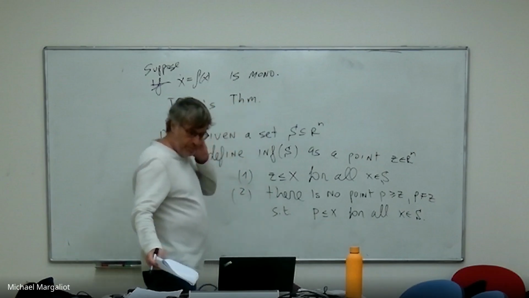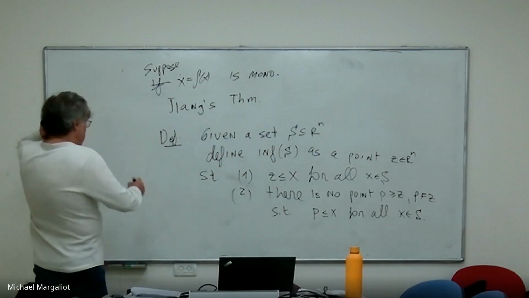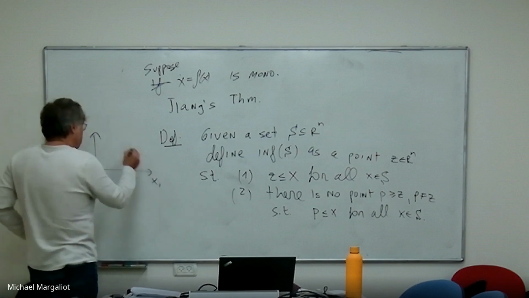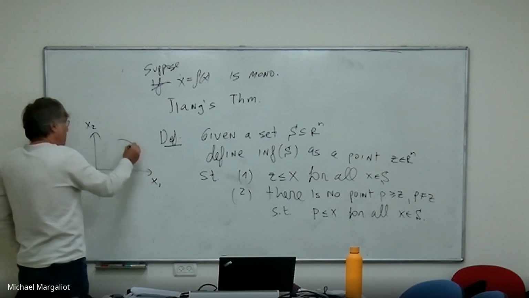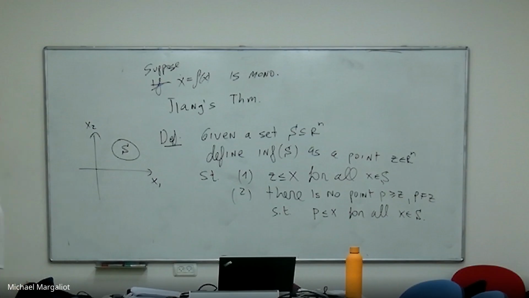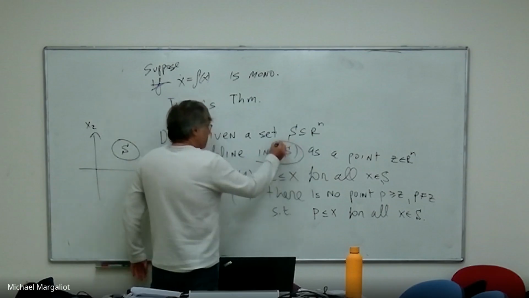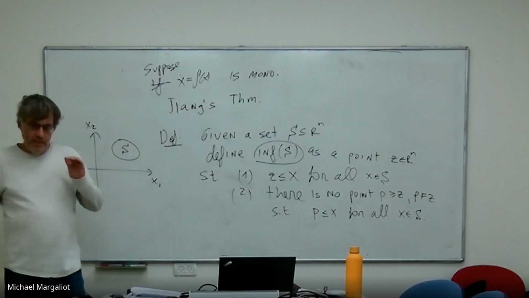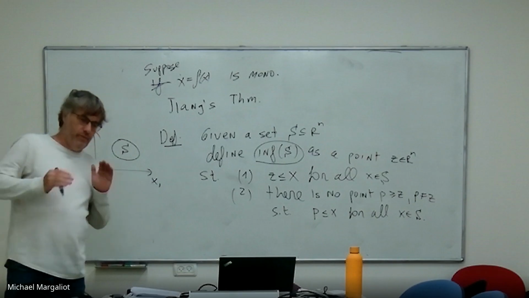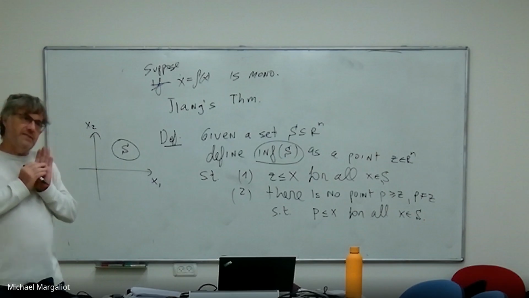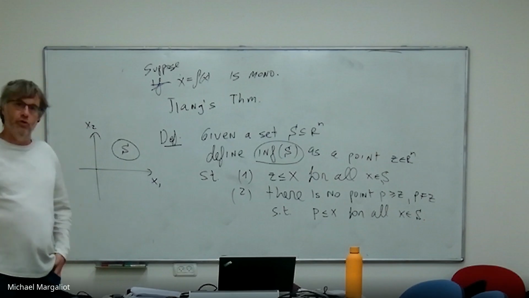Maybe I'll explain it with a picture. So imagine that we are in R2 and we have some set S. And what I want to define now is the infimum of S. The infimum of S is a lower bound for all the points in S, but it is the maximal of all lower bounds.